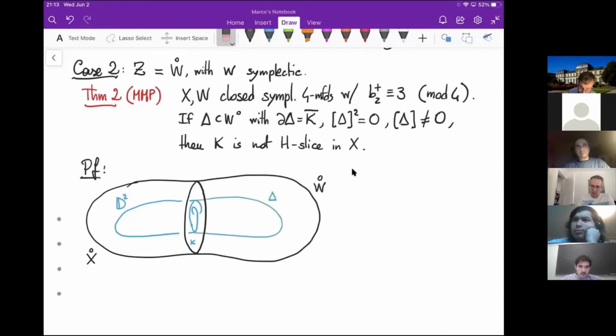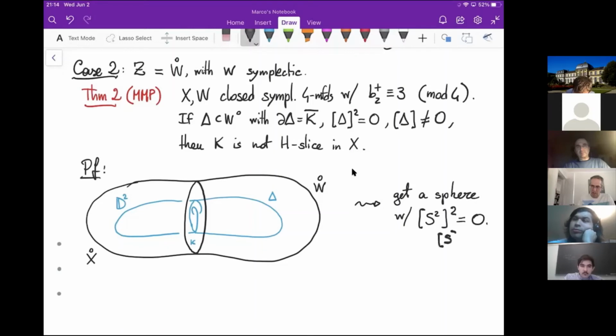By hypothesis, we know that K bar bounds some disk delta in W circle. So you can glue the two disks together. Now the condition that delta squared is 0 and delta is in a non-zero homology class tells you that you have a zero-framed sphere inside the closed four-manifold X connected sum W. And moreover, the homology class of this sphere is non-zero.